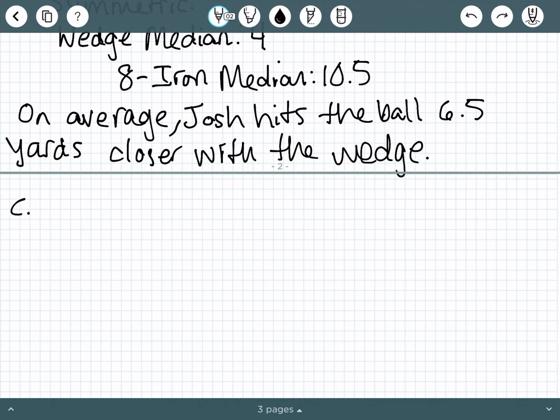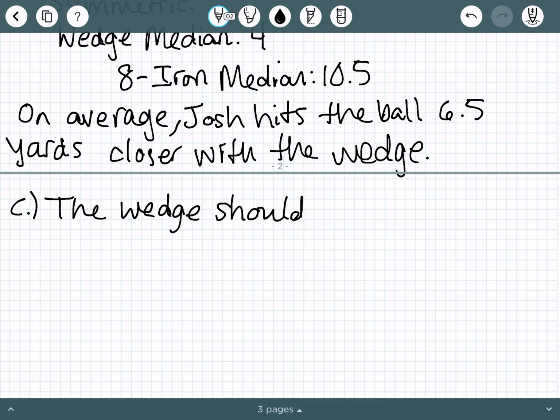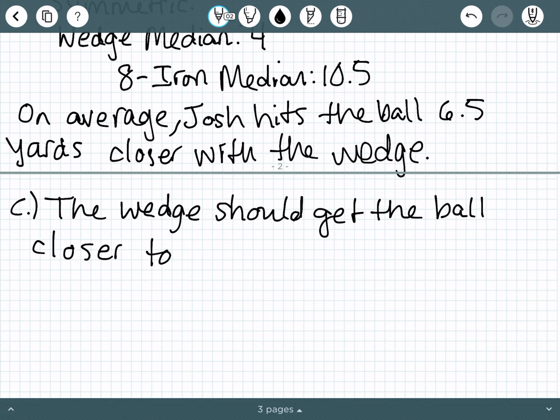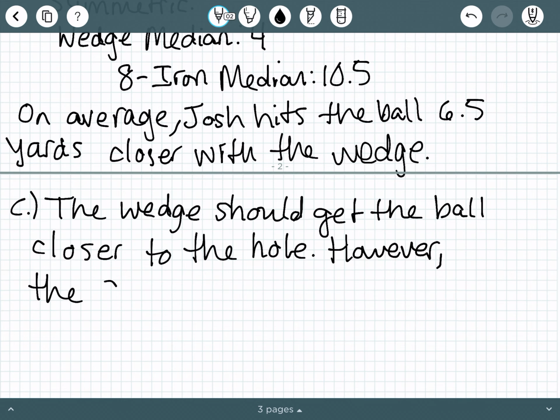So, we could say, well, the wedge should get the ball closer to the hole. However, the 8 iron has more consistency.